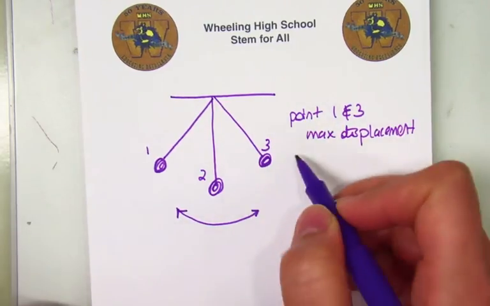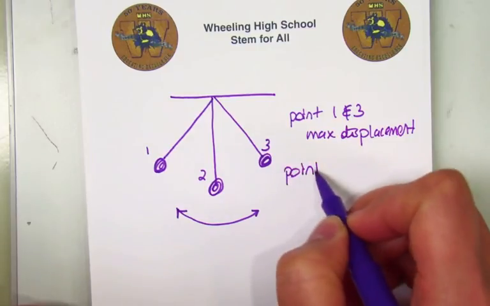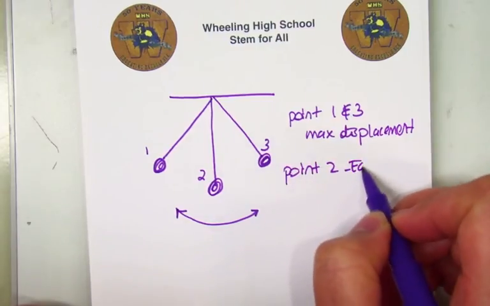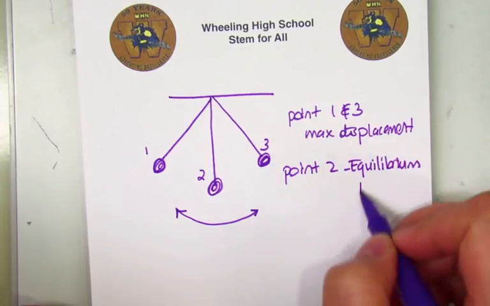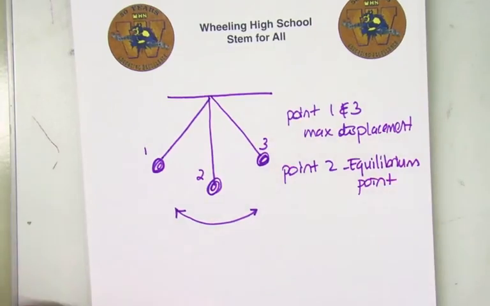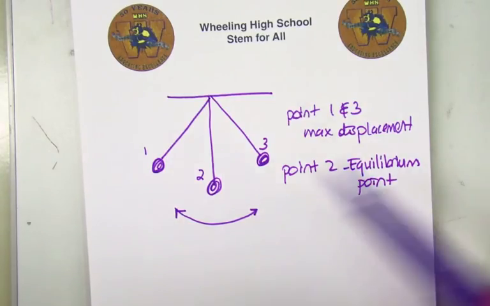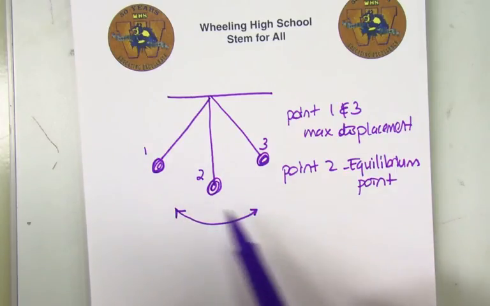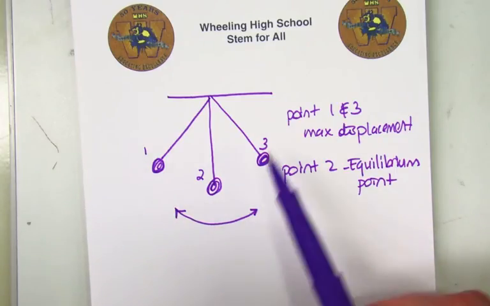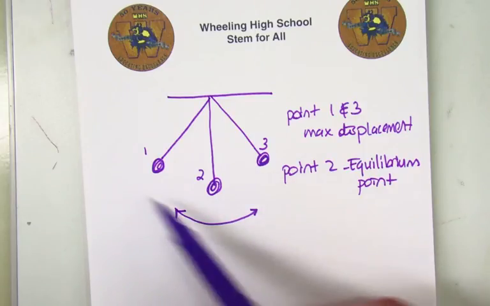Point 2 is the equilibrium point. Okay, so we're going to ignore any friction, and the mass is going back and forth, and because we ignore the friction, it is going to go forever.